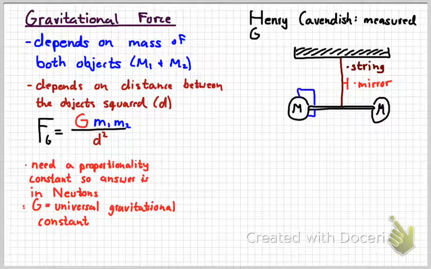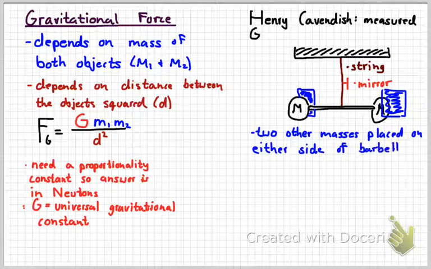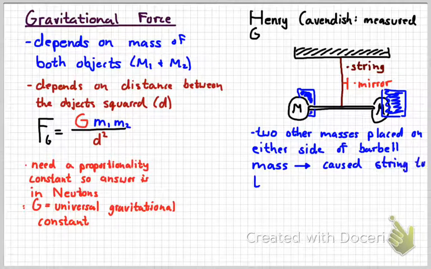So he then takes two other masses and puts them on either side of the barbell masses. So that's the things in blue there. One in front of the barbell, one behind the barbell. So when you put those two other masses on either side of the barbell, the very weak gravitational force still causes a small attraction between the blue masses and the black masses, which causes the string to twist.